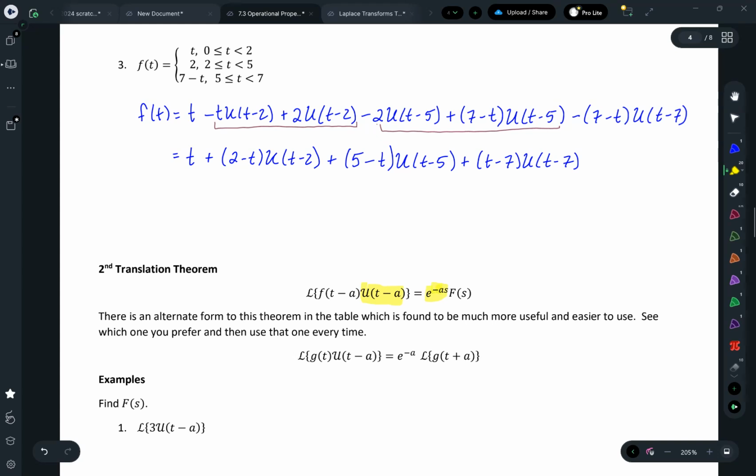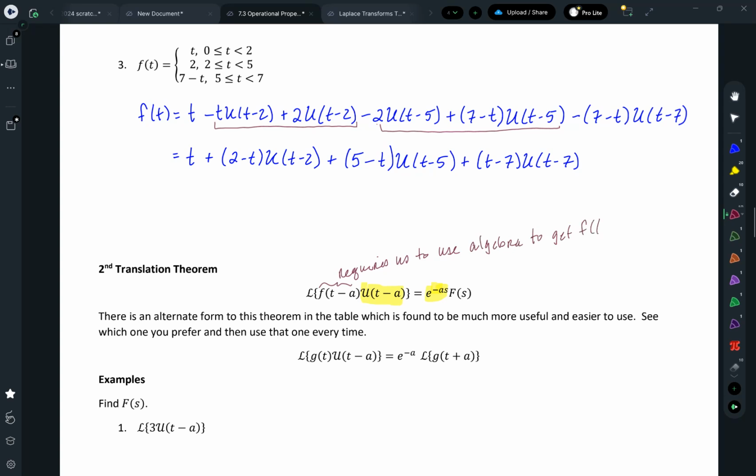I have to admit that this form that I'm showing you in this first line is not my favorite form to use because it requires us to use algebra to get f of t into an f of t minus a form.